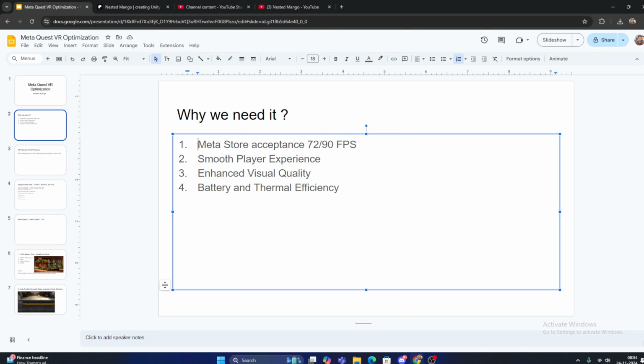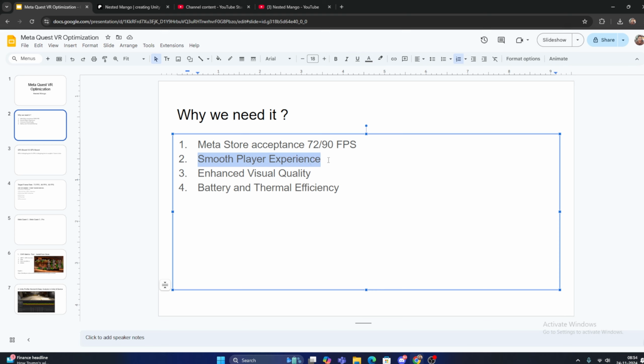So the first reason, you understand why I'm saying this. The second reason is, in VR it is really very hard to have people spend lots of time playing. So if you want a better experience that people use for a long time, your application experience should be very smooth.